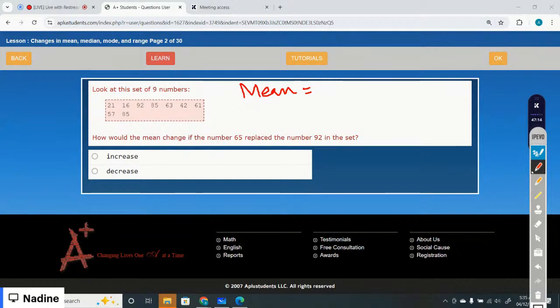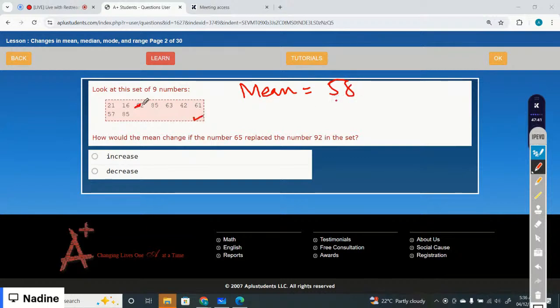That is 21 plus 16 plus 92 plus 85 plus 63 plus 42 plus 61 plus 57 plus 85, that is 522, and 522 divided by 9 is 58. The mean of the given original set is 58.